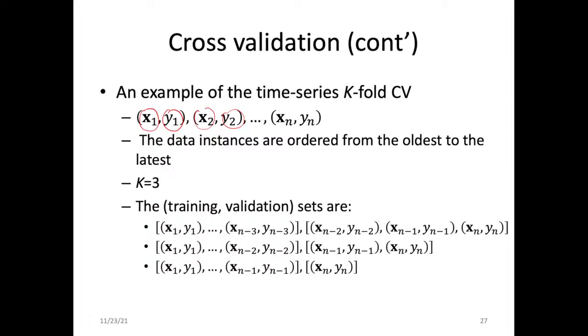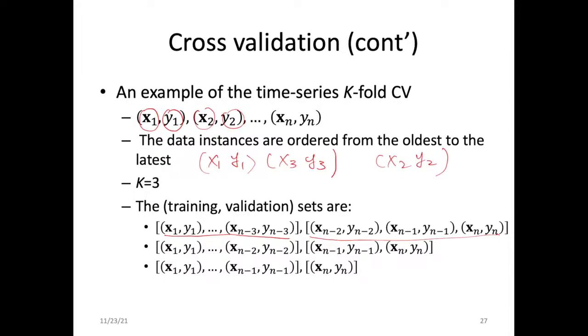You cannot just randomly pick some of them as training and the others as testing. What you should do is keep the older data as the training data and the later data as the test data. You cannot use something like X1, Y1 and X3, Y3 as the training data and X2, Y2 as the test data.